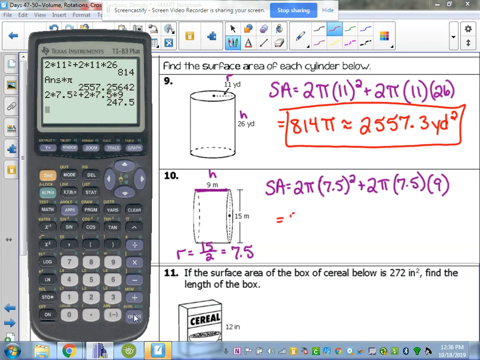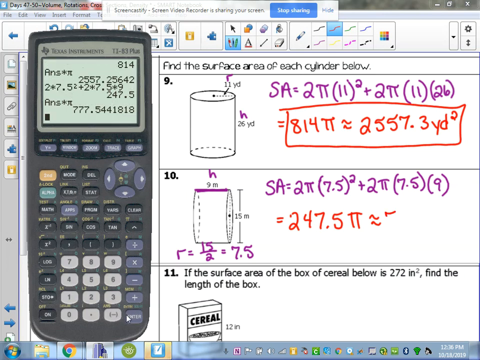So 247.5 pi, which is approximately 777.5 square meters.